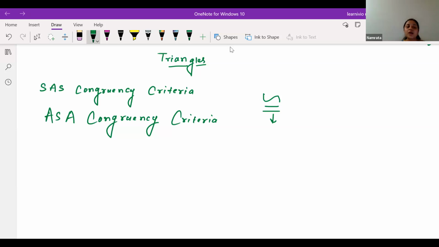Question number 2 I am taking from exercise 7.1. Here, let me draw the figure.